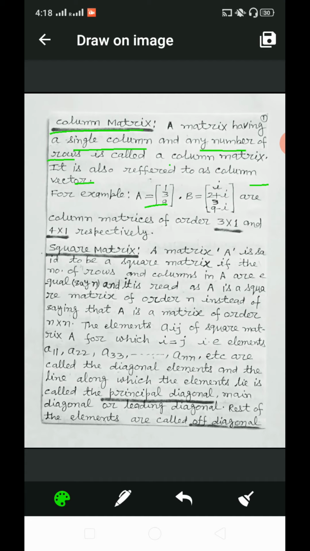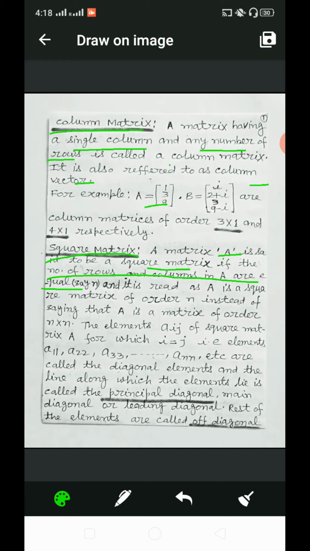Now we discuss the square matrix. A matrix A is said to be a square matrix if the number of rows and the number of columns in A are equal. Means if the number of rows is equal to the number of columns, then it is said to be a square matrix. Here we suppose that a square matrix has n rows and n columns.